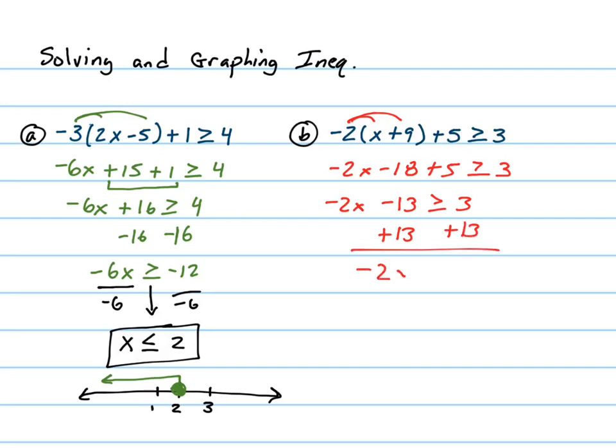We've got negative 2x is greater than or equal to 16. Once again, we divide by a negative, and that's when we flip the inequality symbol. If you're dividing by a positive, it doesn't change anything. It's only when you divide by a negative. So we get x is less than or equal to negative 8.